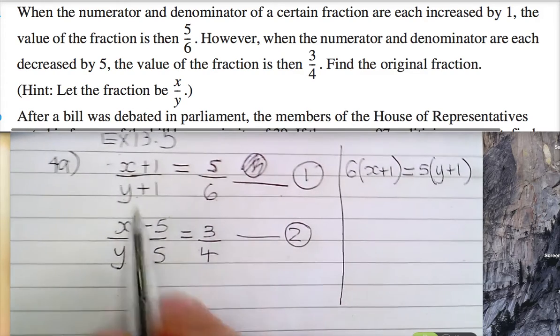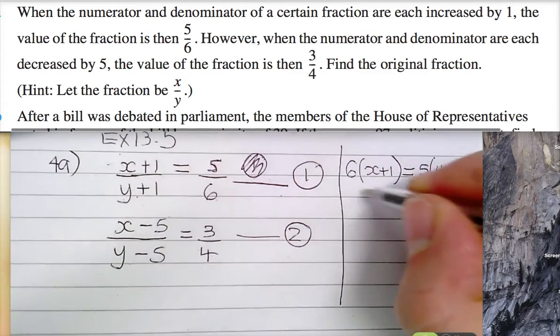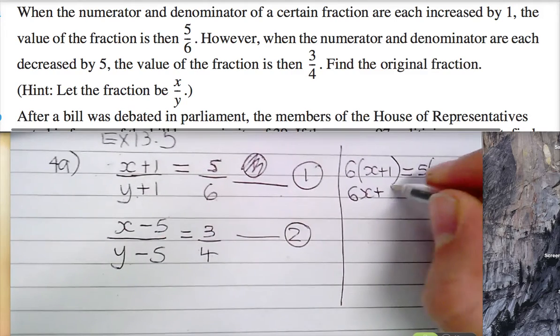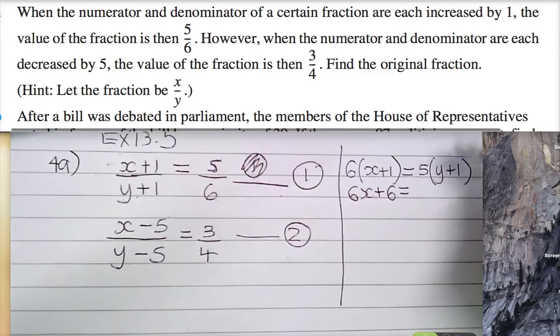I'm still working on equation 1. So I've got 6x plus what? How do I do 6 lots of x plus 1? 6x plus 6 equals 5y plus 5.